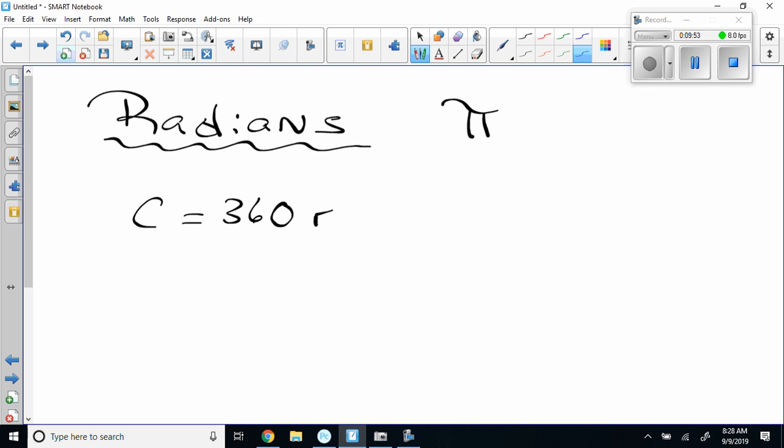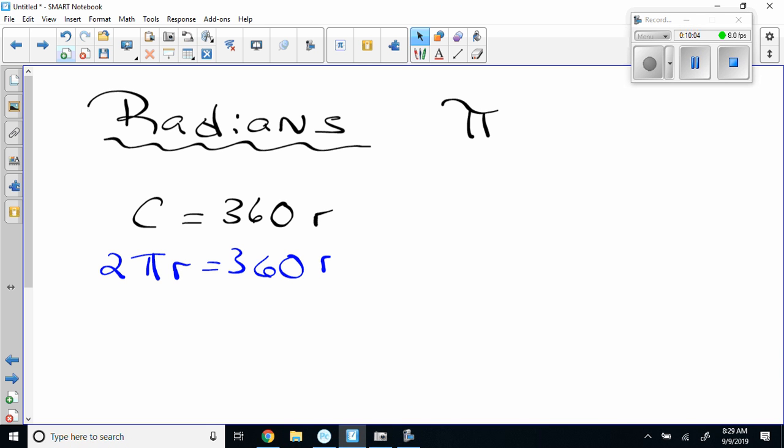All right, so we're going to say 2 pi what? We don't do square. So what I'm going to do is substitute 2 pi r for circumference, correct? So if I was to turn around and divide both sides by guess who? 2r.